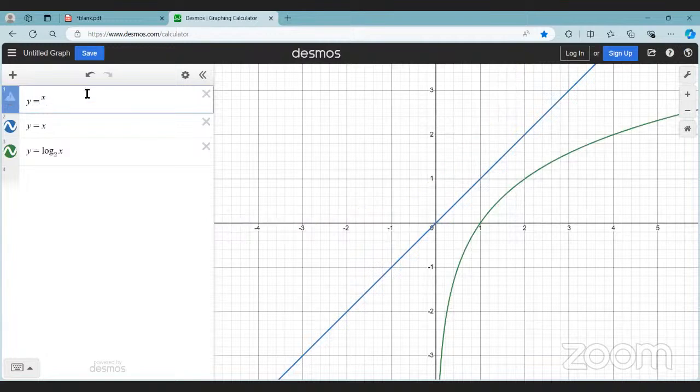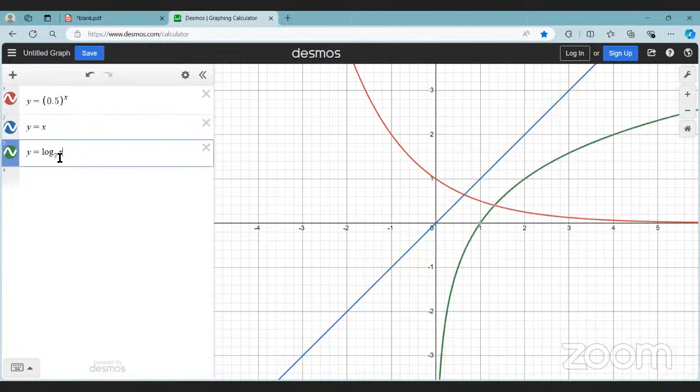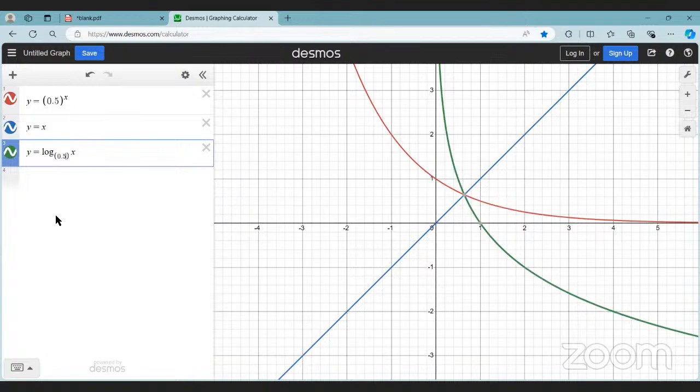In place of greater than 1, if I took a value between 0 and 1, what happens? Then this will be the graph of a to the power x, and in place of the base we take 0.5. Here also you observe that this red one is the graph of your exponential function.